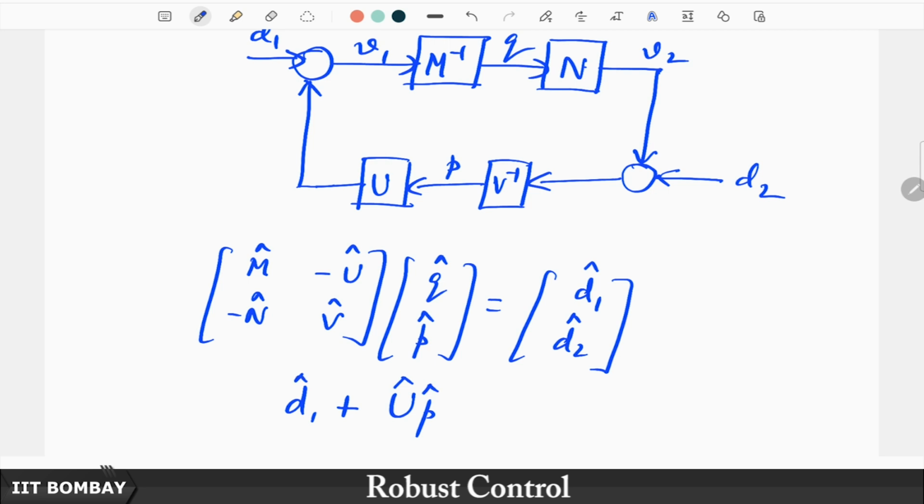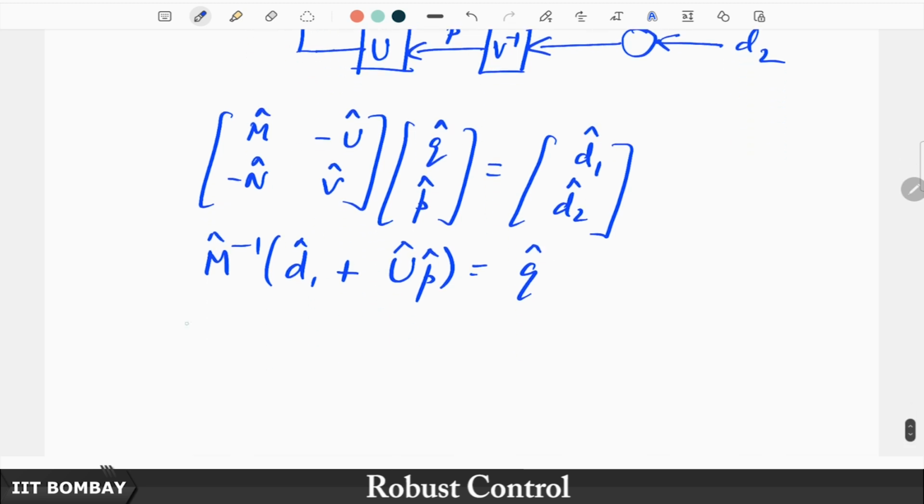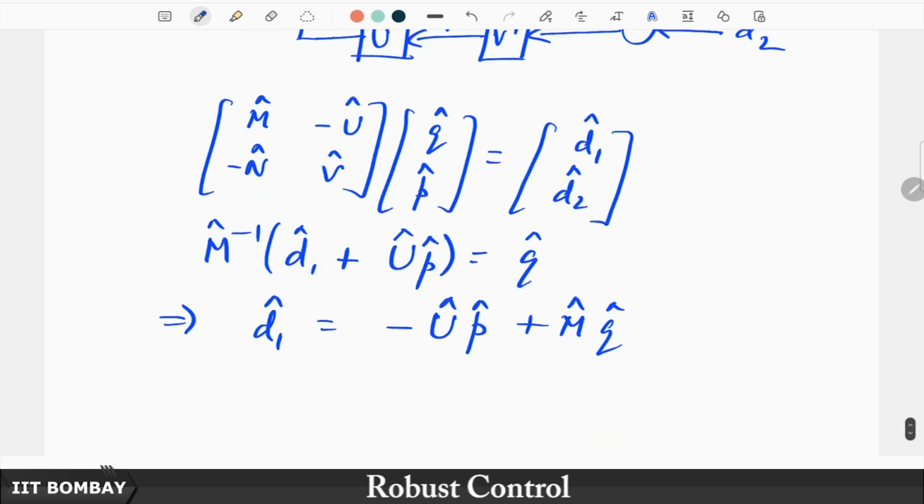So, d1 hat plus u p hat, this whole thing being hit by m hat inverse leads to q hat. So, now if I hit it with m hat on both sides, what I will get is d1 hat is equal to minus u hat p hat plus m hat q hat, and that is all that has been written here. That is basically the first equation.